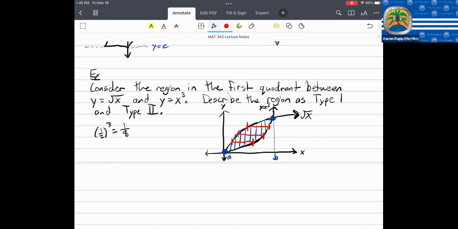So the key here is I need to figure out what a and b are. Figure out what I'm bounded between on the x-axis, giving me a type 1 domain, which will lead to a type 1 integral.